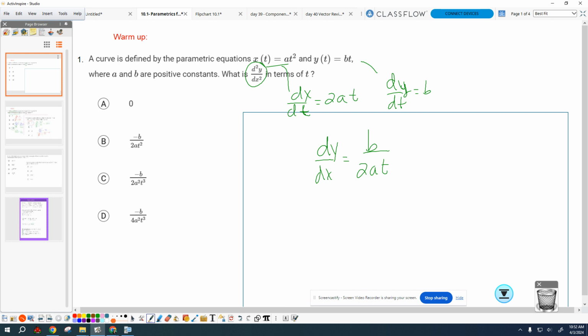What would I do next? You would differentiate dy/dx with respect to t. Okay, there's a hard way and there's an easy way. It's negative b over 2a t squared. That's the easy way, thank you.